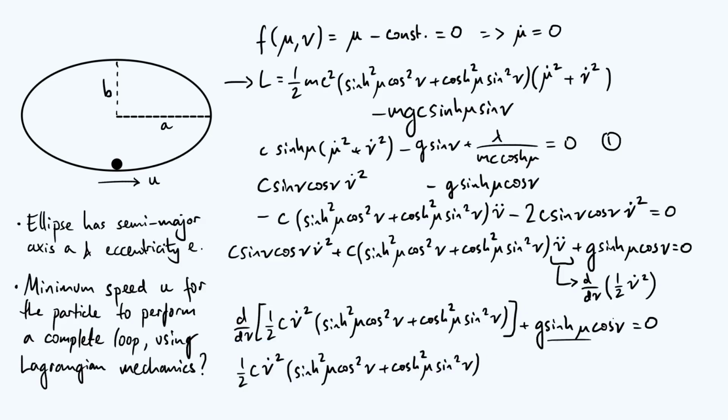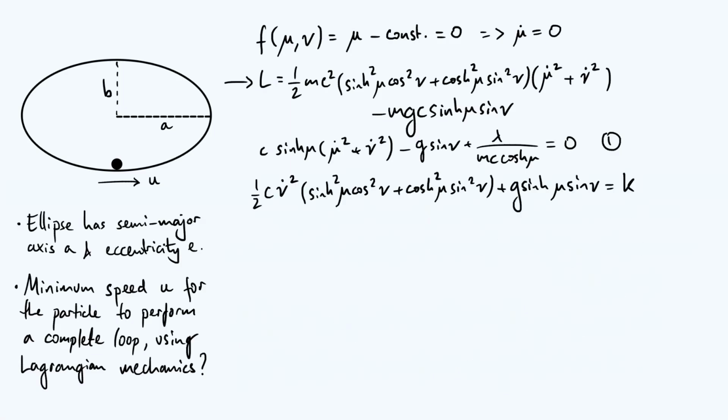Then remember, mu is a constant, and cos nu integrates to sine nu. So we just get plus g sine mu sine nu. It's no longer equal to 0, it's equal to the integral of 0, which is just some constant. Let's call that constant k. So to find the value of k, we can apply some initial conditions. Here is where this initial speed of u at the bottom becomes relevant.